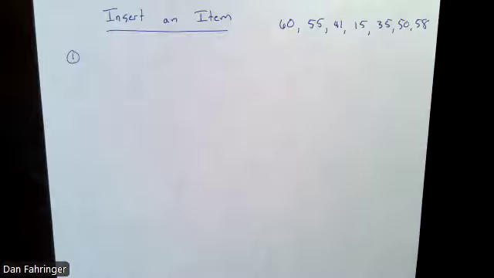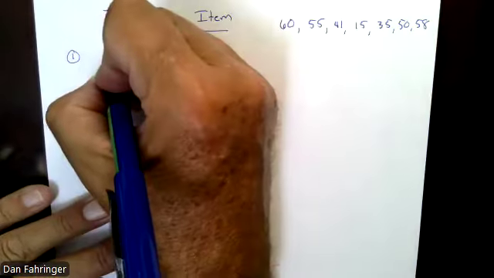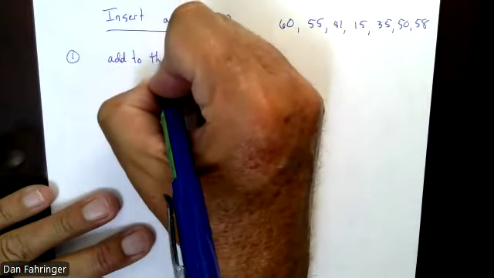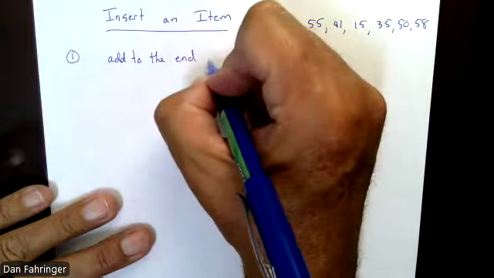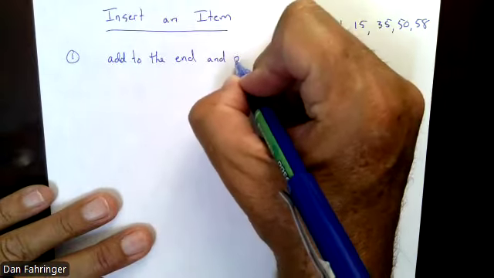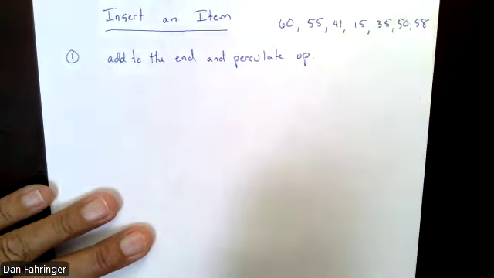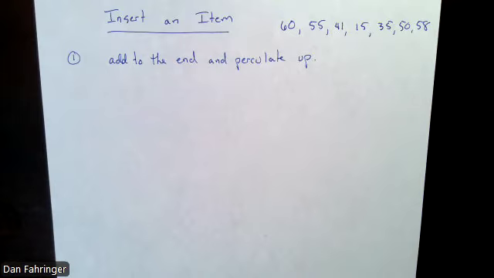So the first rule is we're going to add to the end and percolate up. Again, we're working on concepts here.